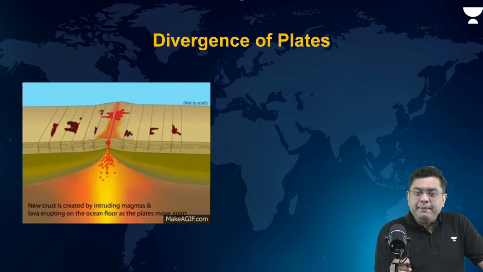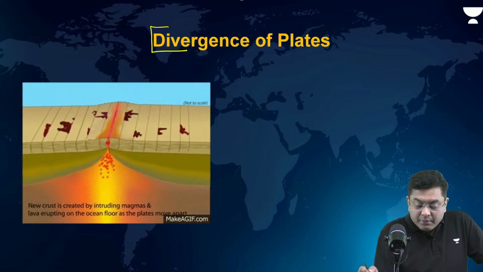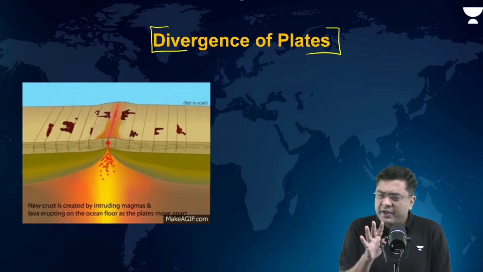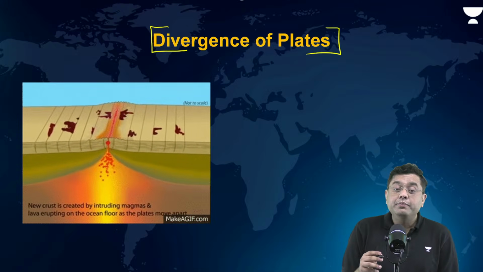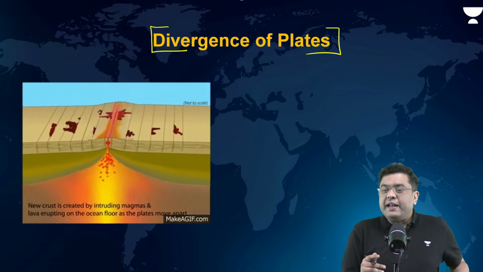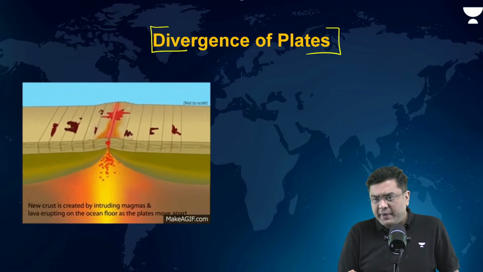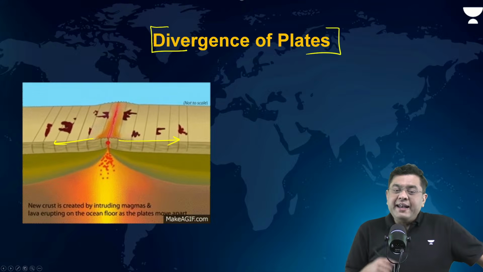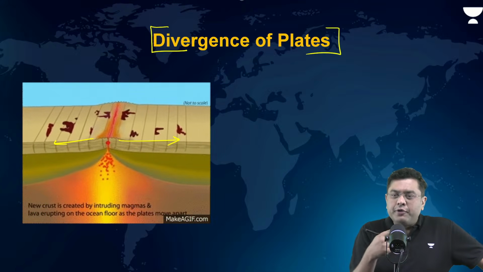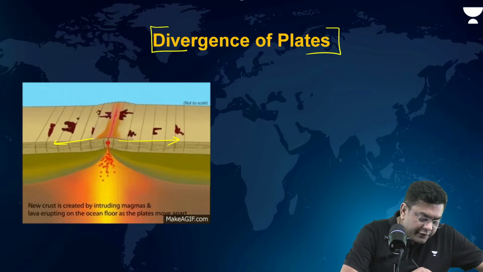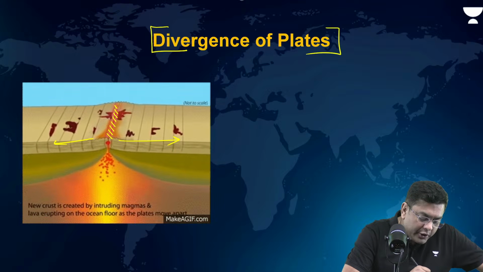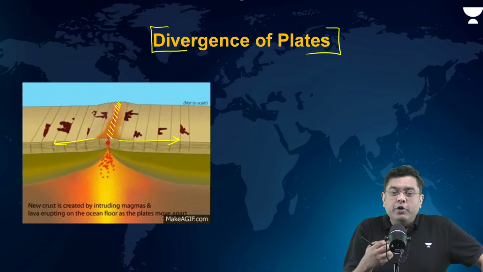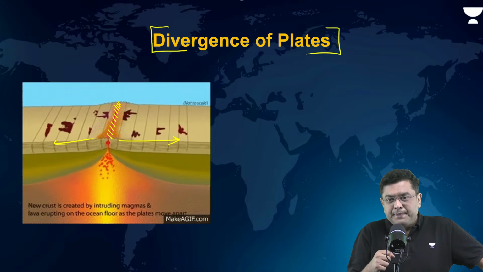So, there can be the case of the plates moving away from each other, right? Why do the plates move? We will come to it. But plates moving away from each other, that is what is referred to as the divergence of plates, movement away from each other. Whenever the plates move away from each other, at that point of time, there is creation of a newer crust.